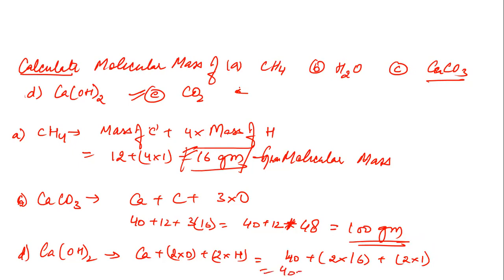So this will be 40 plus 32 plus 2. So this will become 72 plus 2, 74. So answer will be 74 gram. Any doubt up to this point? So this is how we have calculated the molecular mass. Clear?